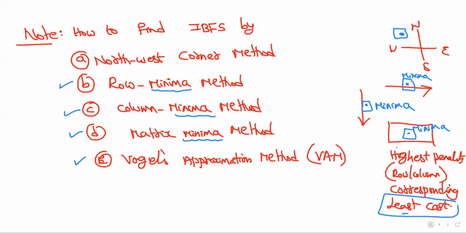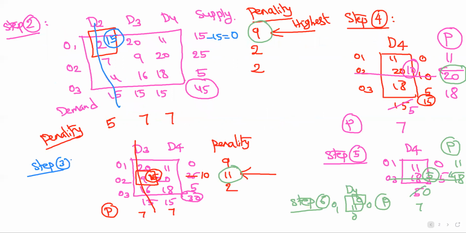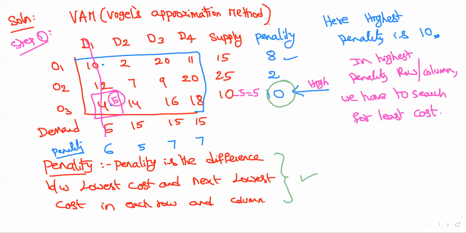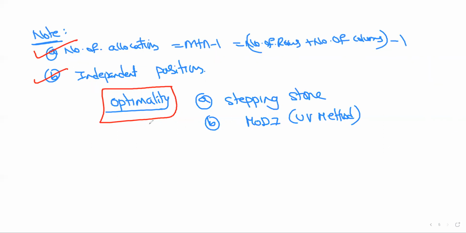For optimality, we have two methods here. In the next class, we'll discuss how to find the optimal solution with the help of the stepping stone method or the MODI method.